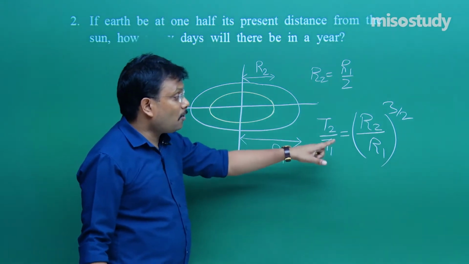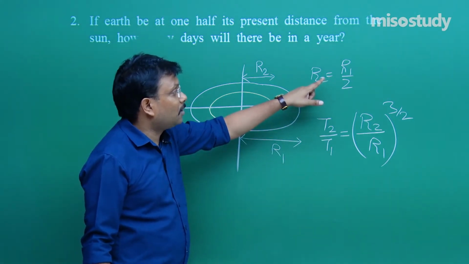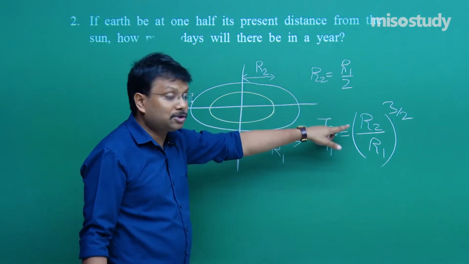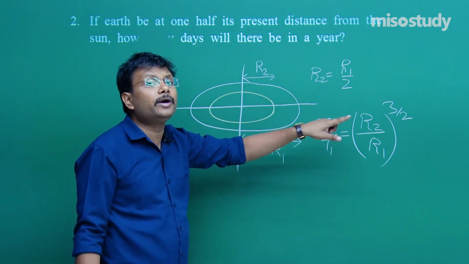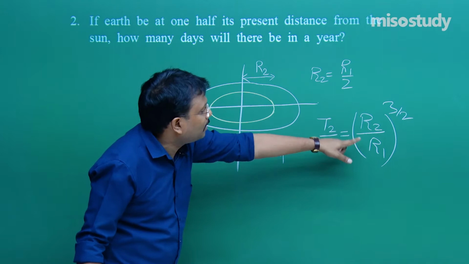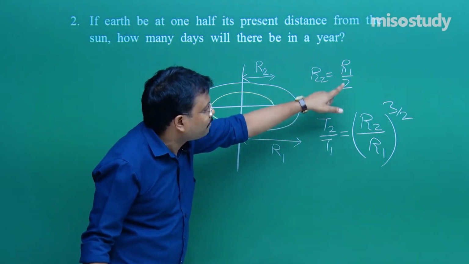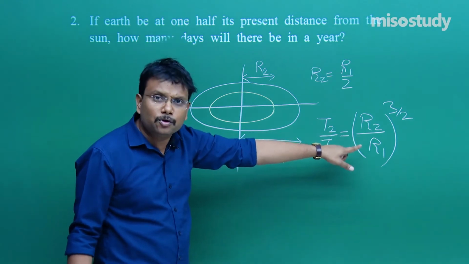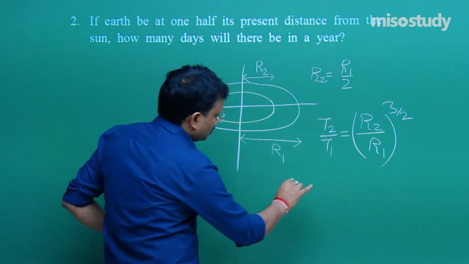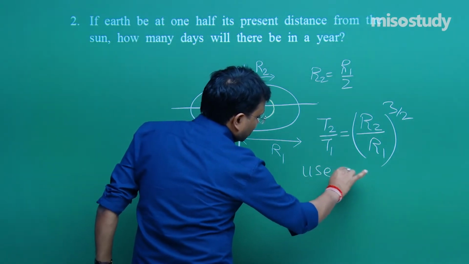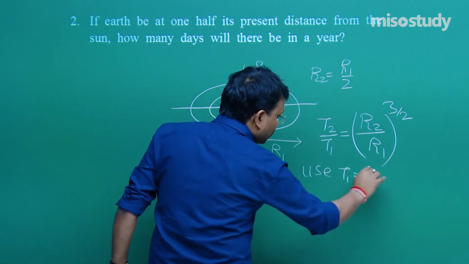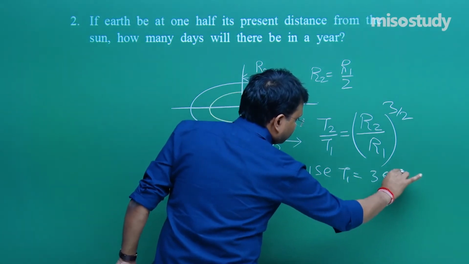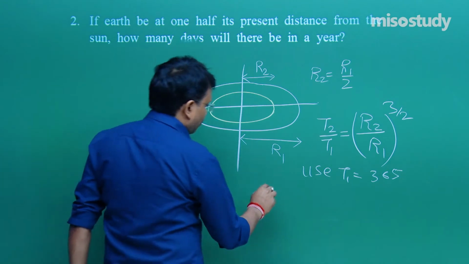What is the value of R1? In terms of R2 or R1, you have to change one value, and that one is going to be cancelled. Let us say, for example, for R2 you will write down R1 by 2. So, R1 is cancelled, 1 by 2 you will get. Fine. So, use T1 is equal to 365 and solve.